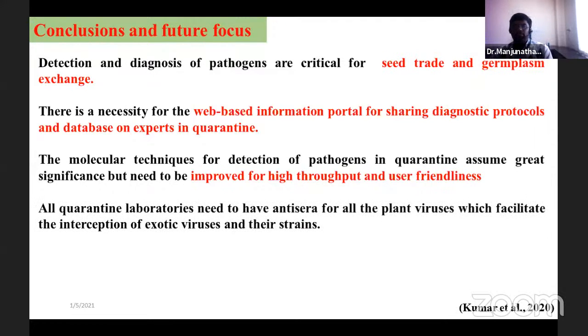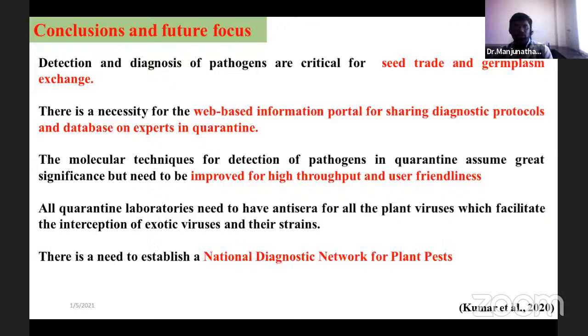All quarantine laboratories need to have anti-sera for all plant viruses, which facilitates the detection of exotic viruses. The must-have, take-home message is that quarantine stations in India should have anti-sera for domestic as well as foreign quarantine viruses.